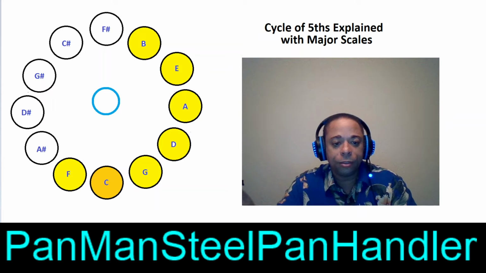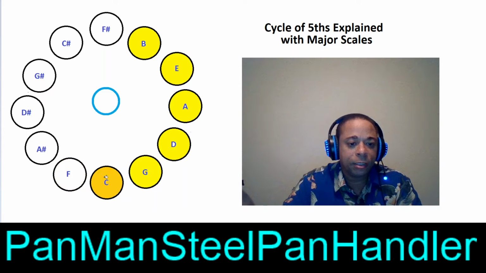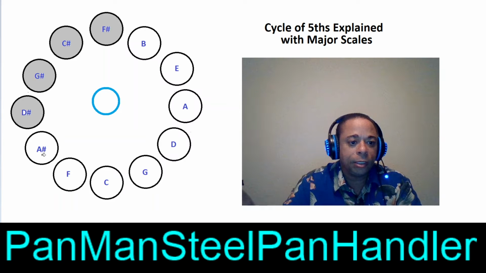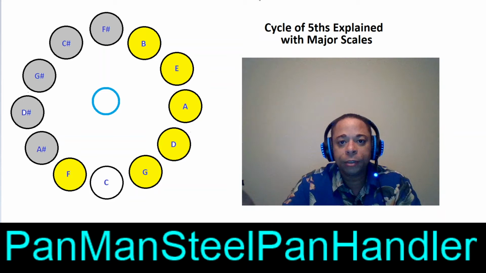So what I'd like to do now is go ahead and just clear everything out. Well, actually what I'll do is, since we're dealing with a C scale, we'll only use the notes that are actually in the scale. And we'll use a little darker shade, let's just use a whole different color, for the note we started on.